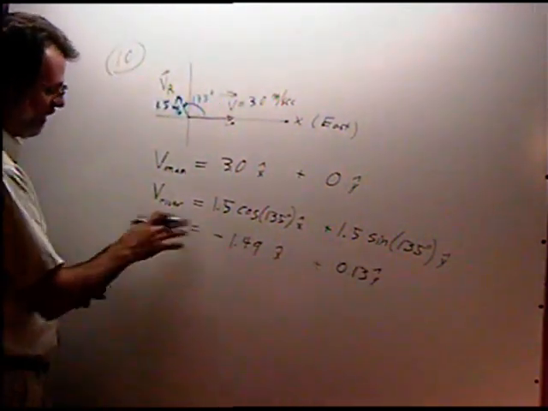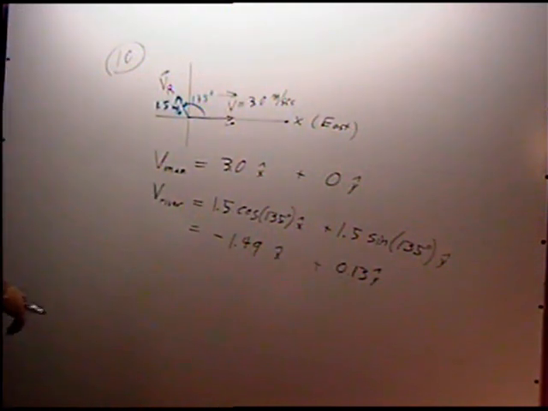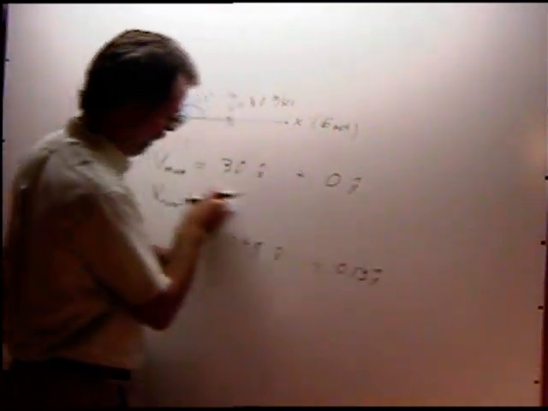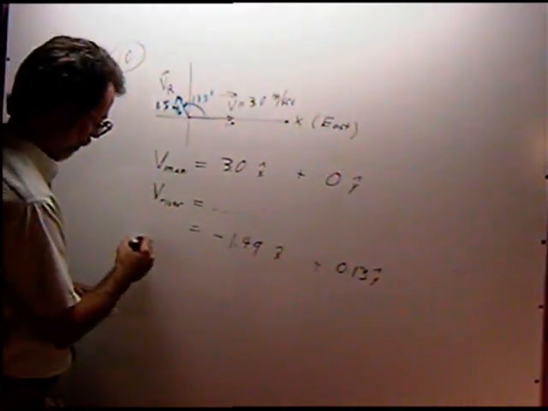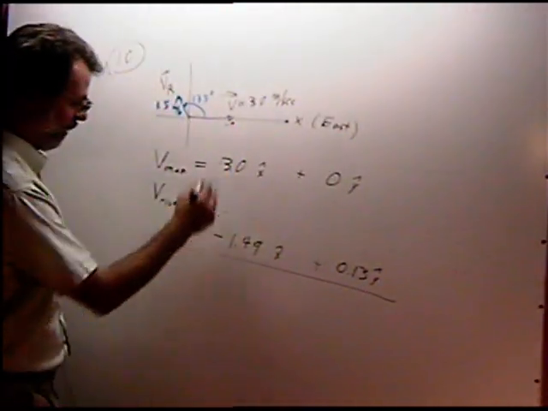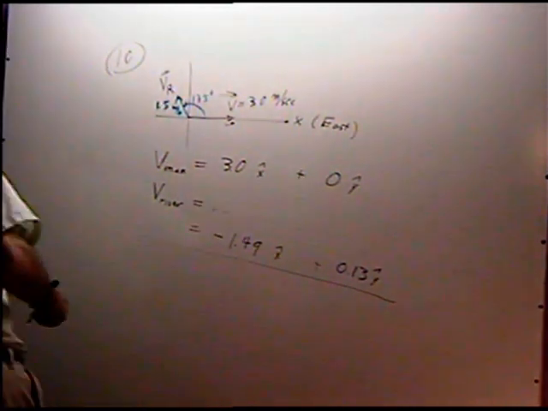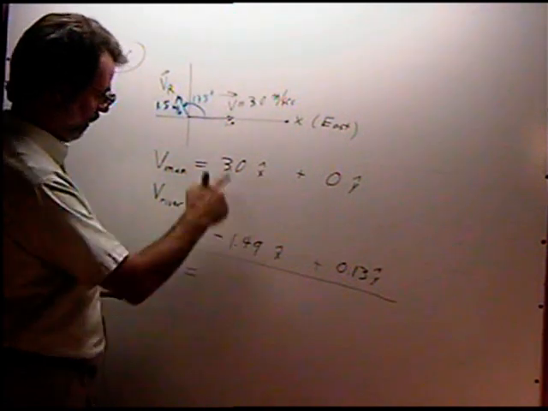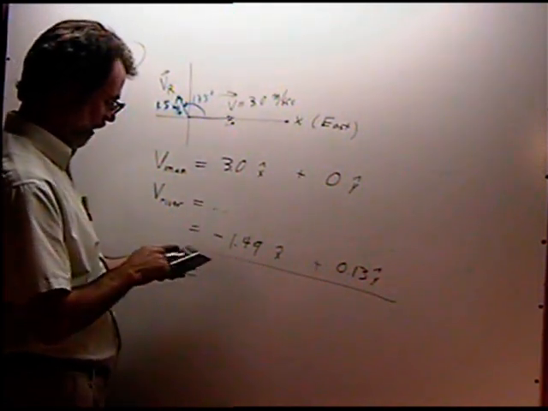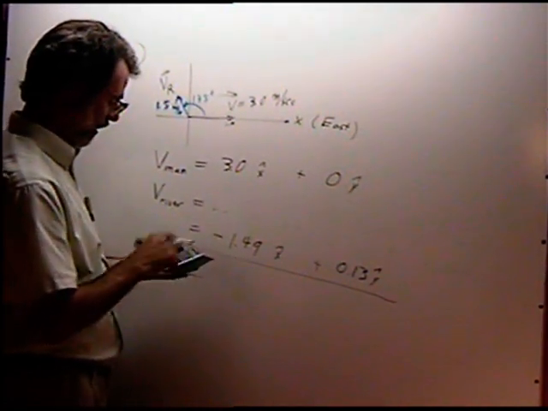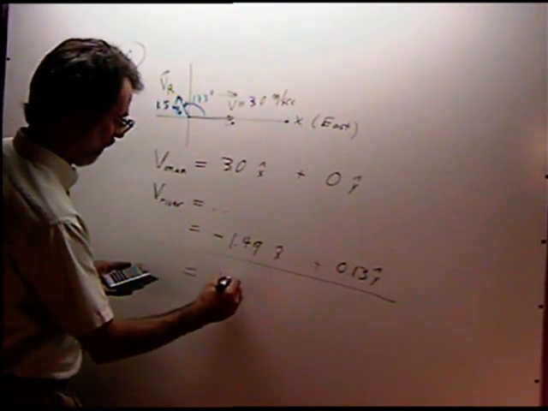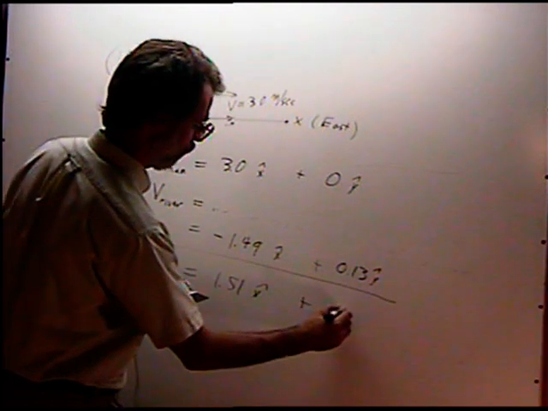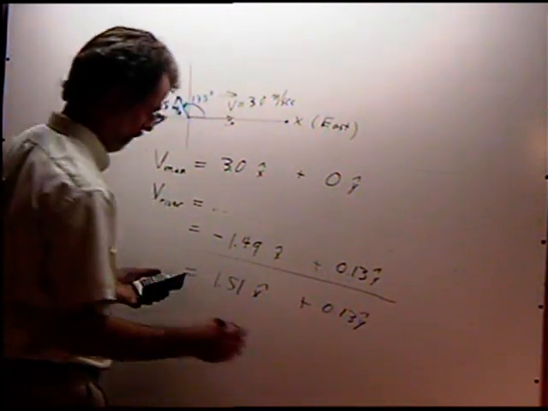Now I'm going to add these two. I'll erase this just temporarily. I simply add these two, and this is simply 3 minus 1.49, which gives 1.51 in the x direction, plus 0.13 in the y direction.